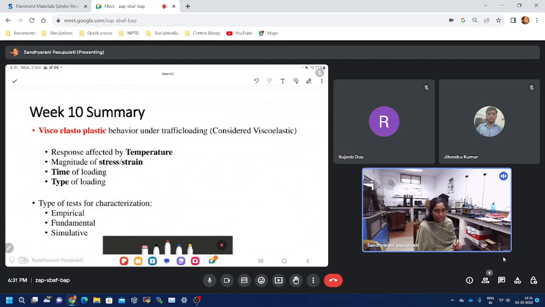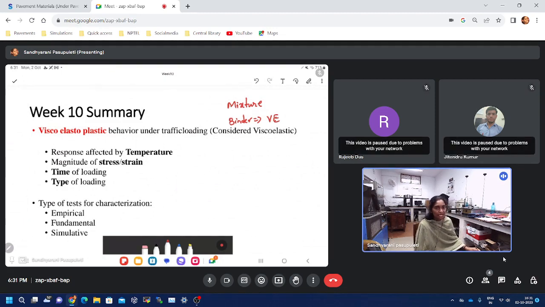So when I talk about asphalt mixtures, we know that we assume asphalt binder as viscoelastic in nature, because we already discussed that the response of this material is time dependent and temperature dependent.